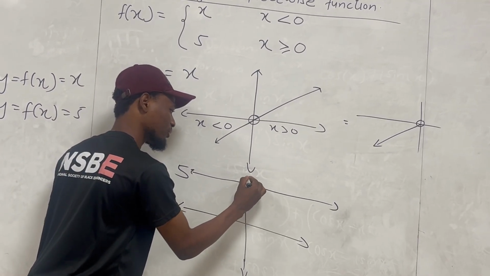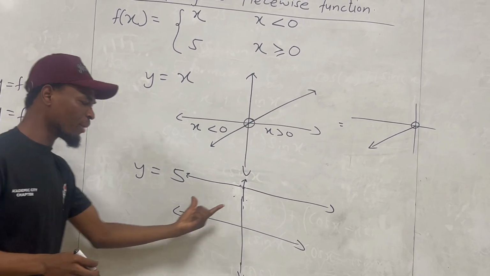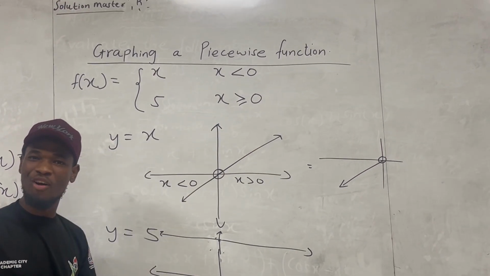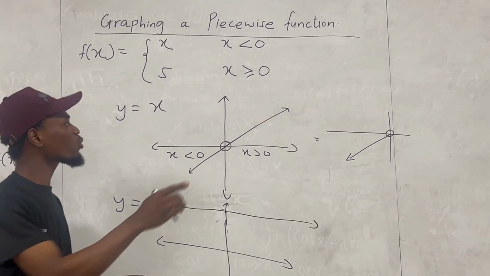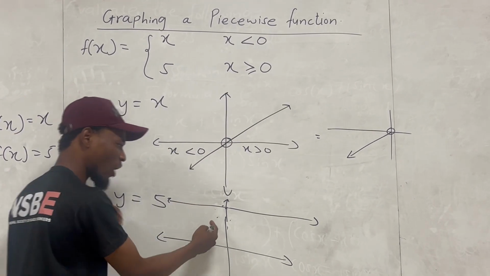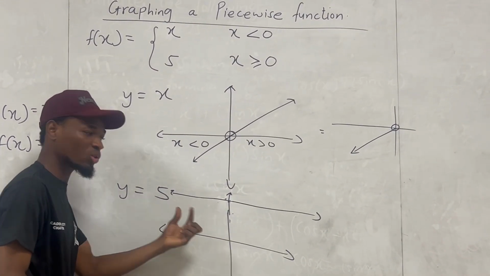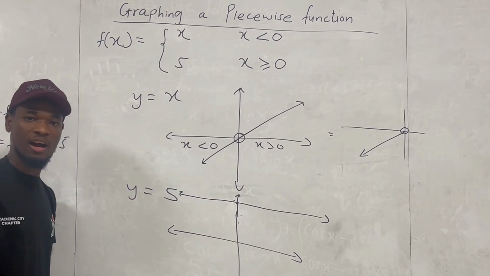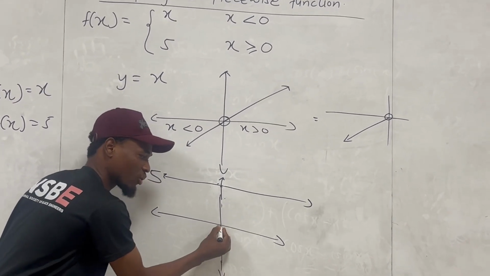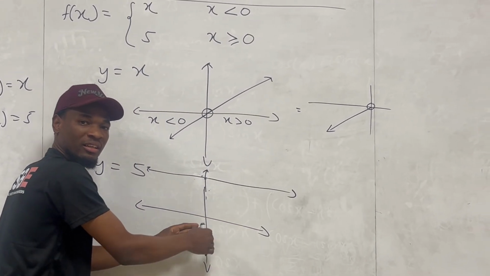Now, you ask yourself, which part is more appropriate? Then obey the condition. So x is equal to or greater than 0. So are you supposed to consider this section or this section? In other words, which quadrant holds the graph? Clearly it is here, because this is 0 and the values after zero are greater than 0.